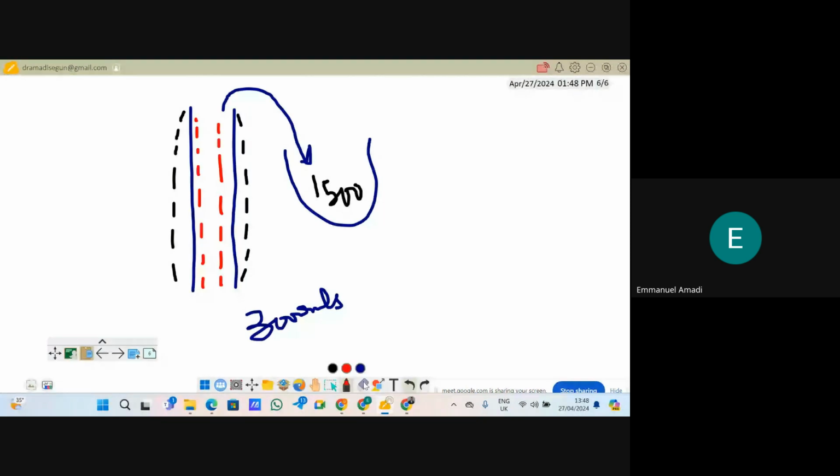But because you have reduced the size now, it can no longer hold up to 1,000. It can only hold 500, meaning that it has to take the other 2,500 back to the heart. So when you dilate the vein, the vein holds more blood, the preload reduces. When you constrict the vein and the vein holds less blood, the preload increases.